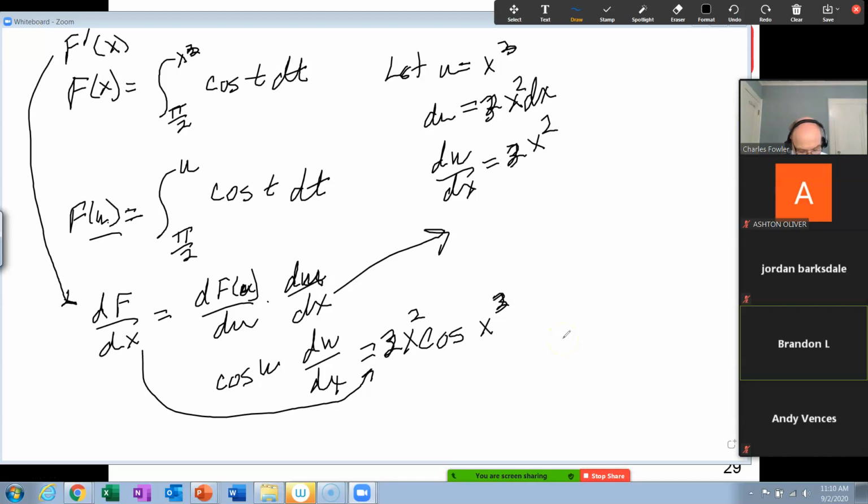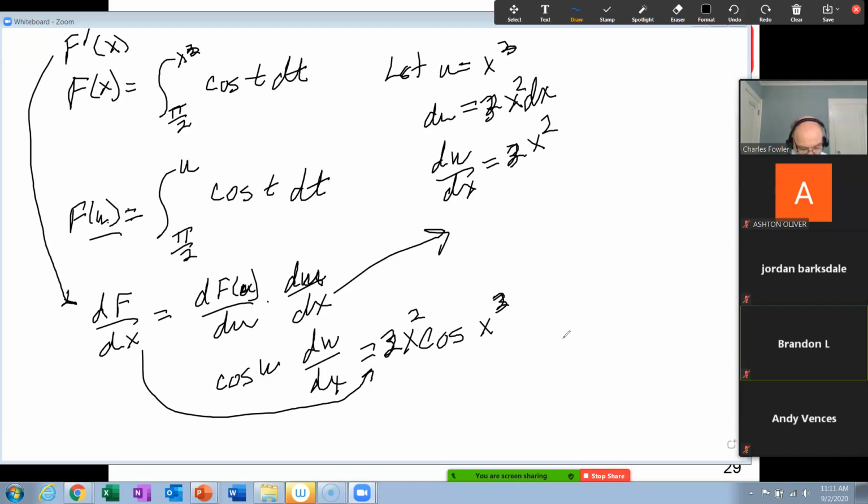I wrote it the other way. Now, that's one way to do this problem.